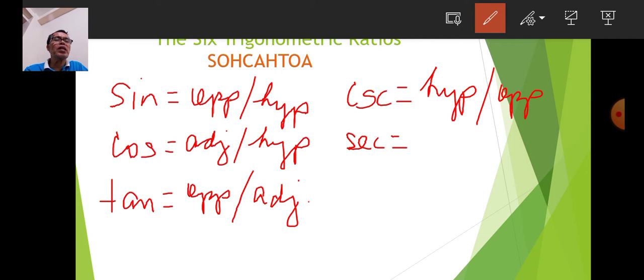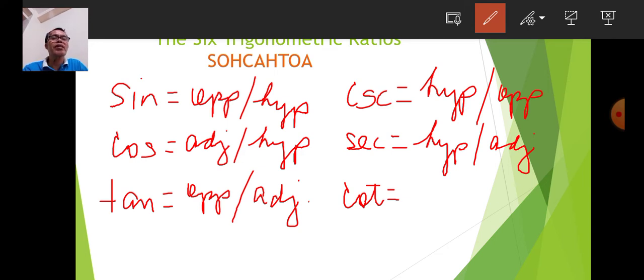If cosine is adjacent over hypotenuse, therefore secant is hypotenuse over adjacent. And the reciprocal of tangent is cotangent. If tangent is opposite over adjacent, therefore cotangent is adjacent over opposite.